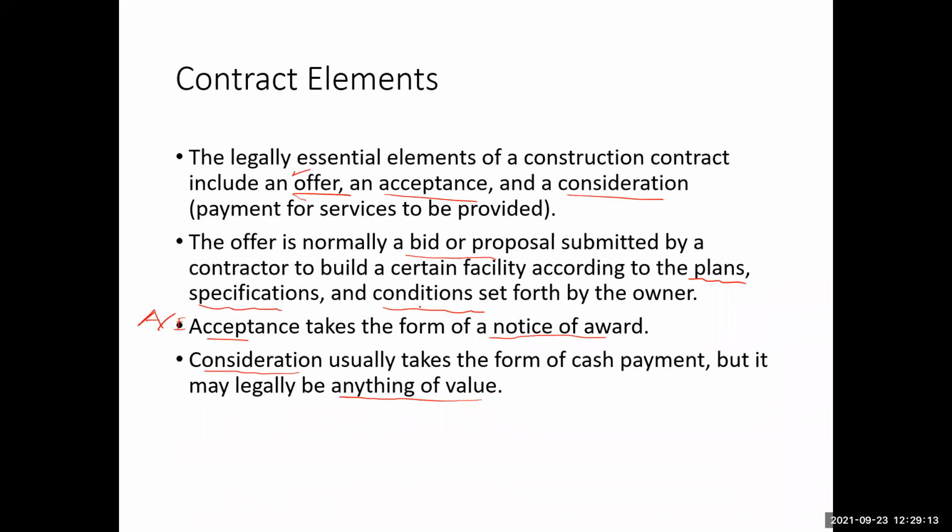When a contractor performs the work for the owner, and say the contract price is $100,000, at the end of the project the contractor would expect to receive that $100,000 from the owner.